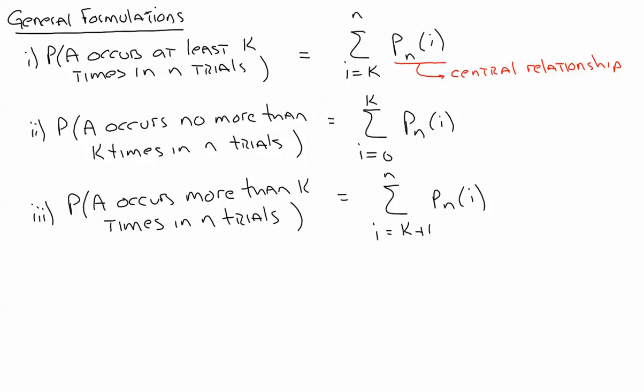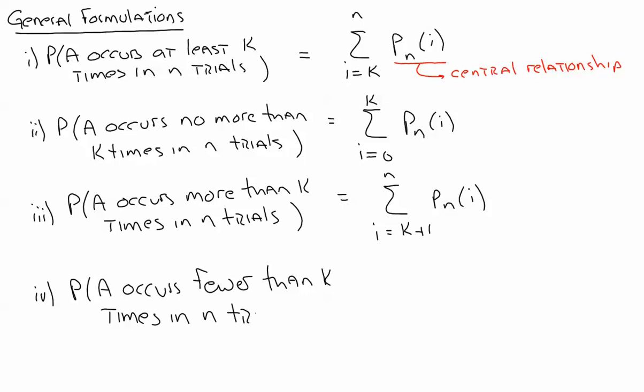And my last one is the probability that A occurs fewer than k times in n trials. That is the summation of i from 0 to k minus 1 of P sub n of i.